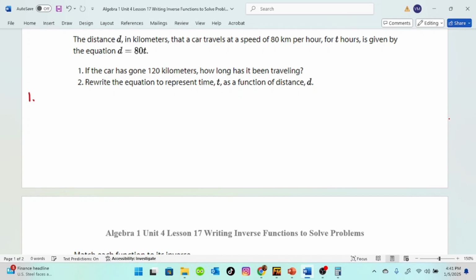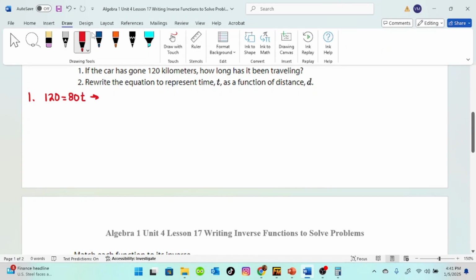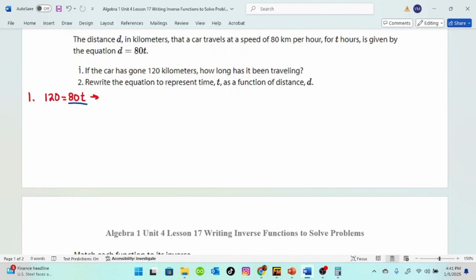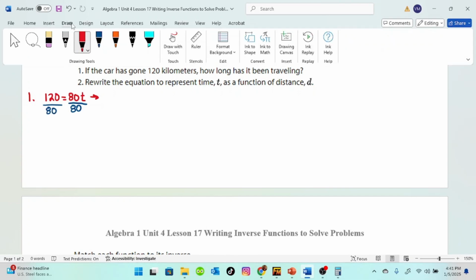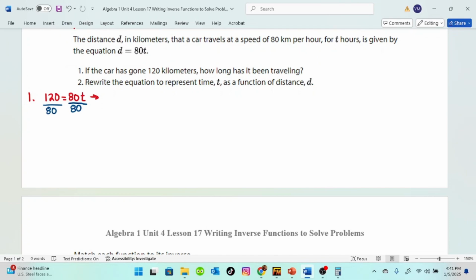So we substitute 120 in for d, and now we need to solve for t. We would divide both sides by 80, and 120 divided by 80 is 1.5.